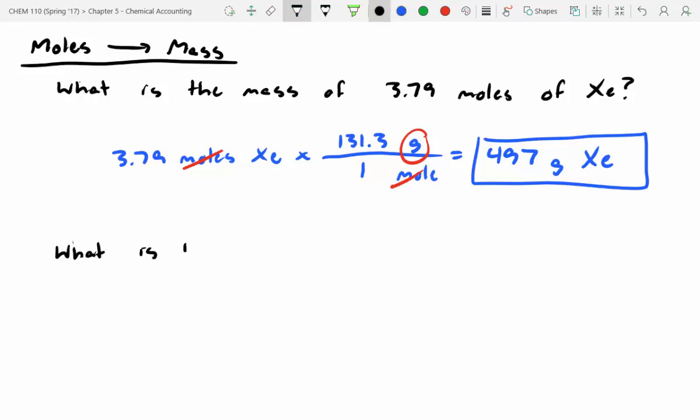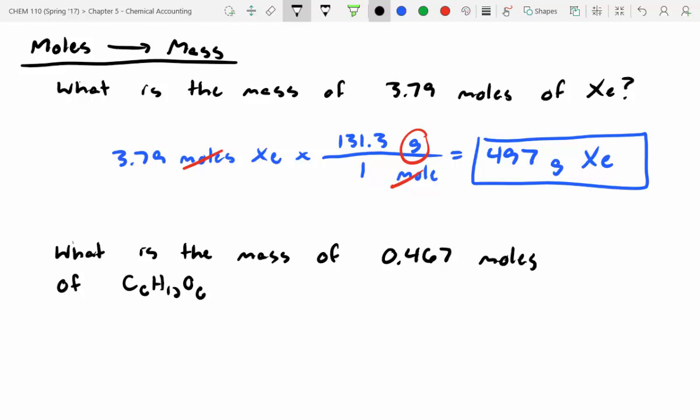So what is the mass of 0.467 moles of glucose? And glucose is C6H12O6. It's one of our simple sugars. It's used a lot in biology.